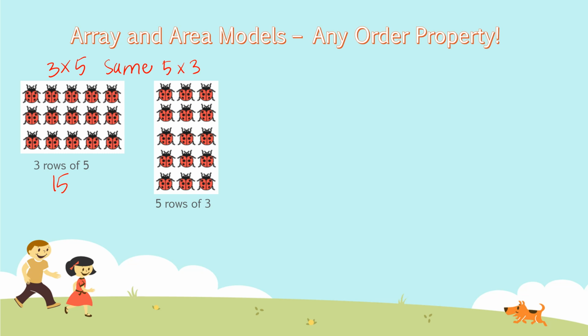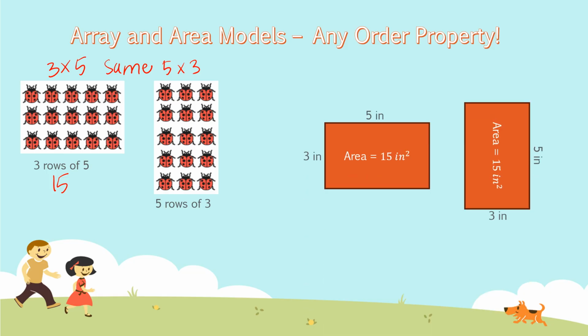So we start looking at these things as an array, which looks kind of like a rectangle if you can visualize that, but that doesn't come until later when we learn about area of a rectangle. When we do learn about the area of a rectangle, we would say a 3 inches by 5 inches rectangle has an area of 3 times 5, 15 square inches.